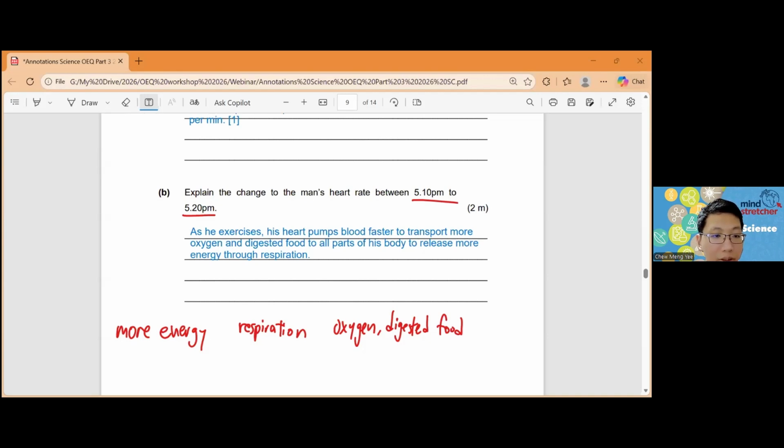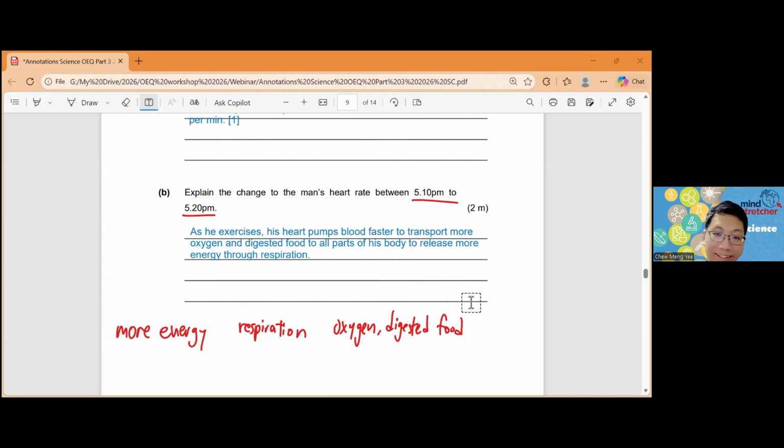Okay, carbon dioxide, yes. Some of you are talking about the carbon dioxide. I would say carbon dioxide is an additional point, but in actual fact, this is sufficient for PSLE. Some of your school's answers also include the carbon dioxide, which means to also remove the carbon dioxide and waste materials faster from the body.